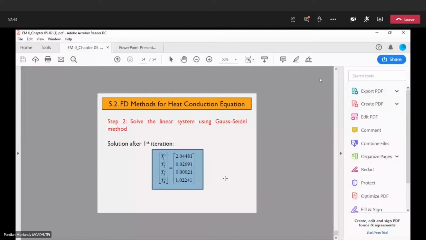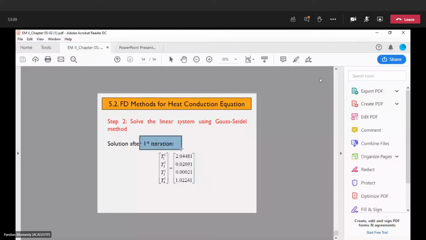So now all of you are familiar with the Gauss-Seidel method. This Gauss-Seidel method will not be given. When they ask you to solve the system using the finite difference method, you select the Crank-Nicolson method, and to solve the system you must employ the Gauss-Seidel method. Now, this one is the first iteration.